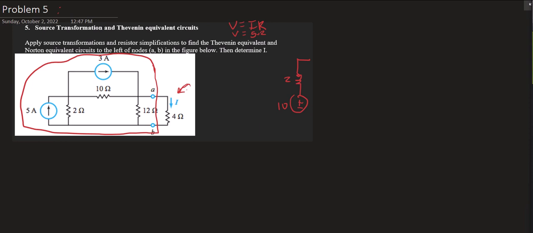Now we also have a current source and a resistor on top. The resistor stays the same. The current source becomes a voltage source of 10 times 3, which is 30.